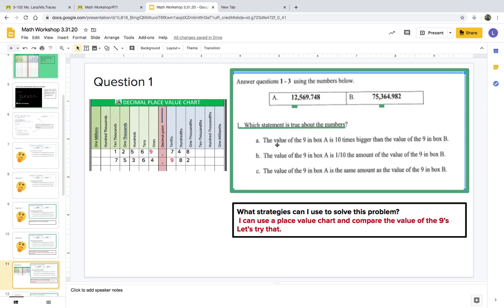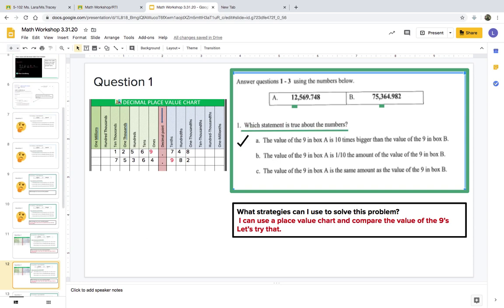So now, after I write these numbers down on the place value chart, I want to look at my choices, okay? The value of the 9 in box A is 10 times bigger than the value of the 9 in box B. And I checked that, but I'm still going to check B and C, right? Because if I see this 9 here is 10 times greater than this number, right?